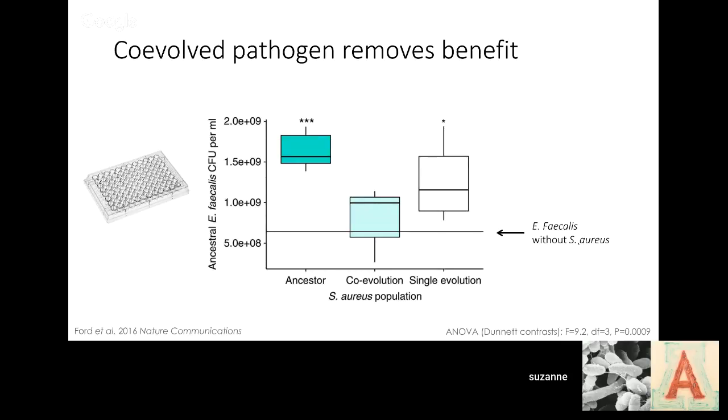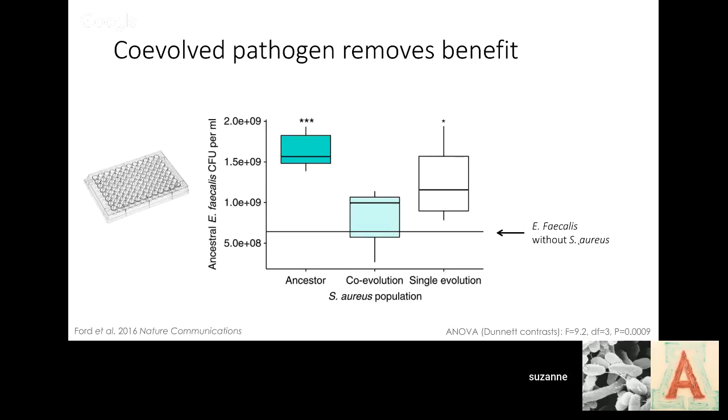And you can see that with the pathogen, you see a significant fitness benefit with the ancestral and the singly evolved pathogens, whereas in the center you don't see a significant benefit in fitness with the coevolved population. So this makes sense. The coevolved pathogen is producing fewer siderophores, and so this fitness benefit for the defensive symbiont is completely removed. So this is really cool.